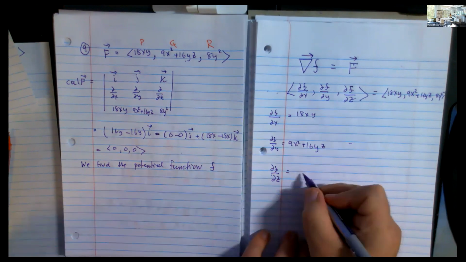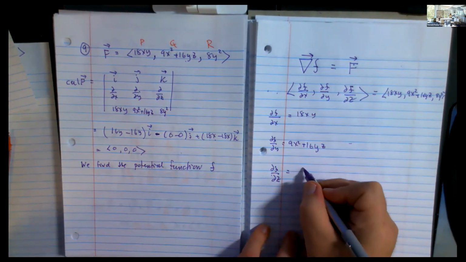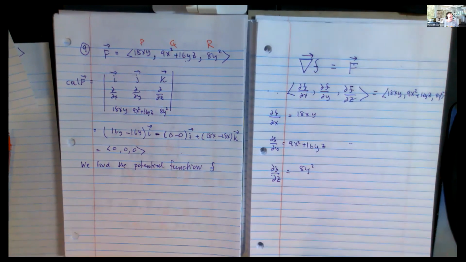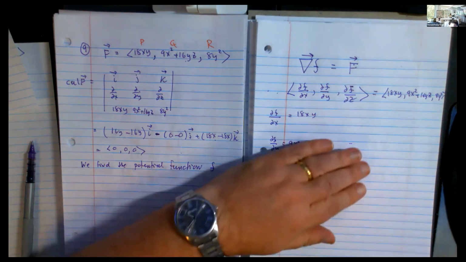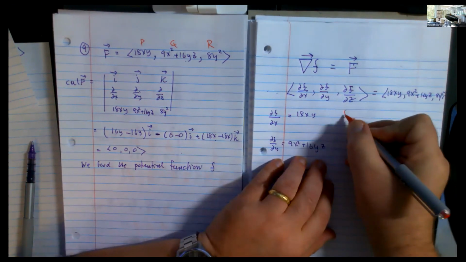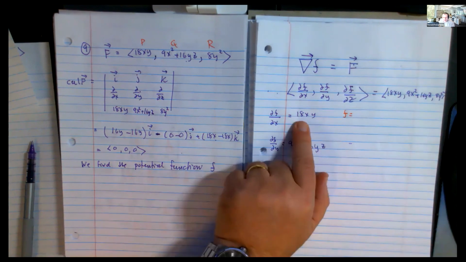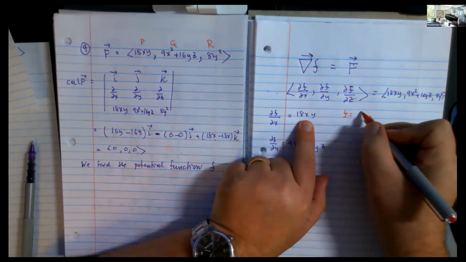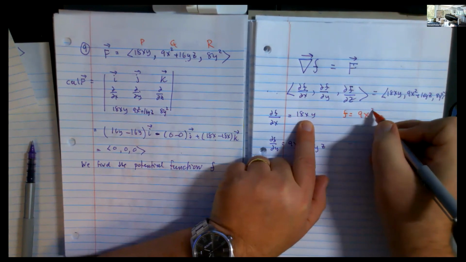Now, we've had practice at doing potential functions, so hopefully this won't be that different. We're just doing it with 3 things rather than 2. So there is a little adaptation, but not much. If you integrate this fella with respect to x, don't you get 9x squared y?